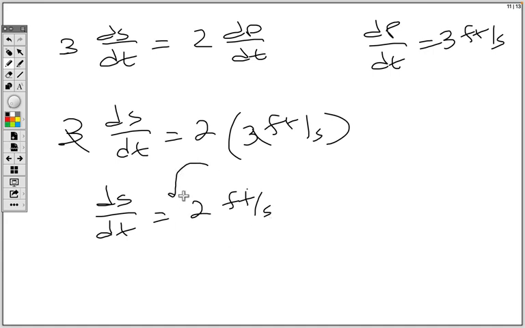Now the fact that this is a positive number means that the length of the shadow is increasing. And this is the length that's increasing for all time.